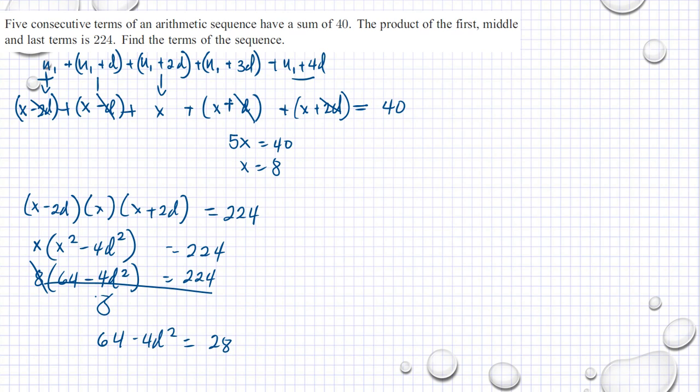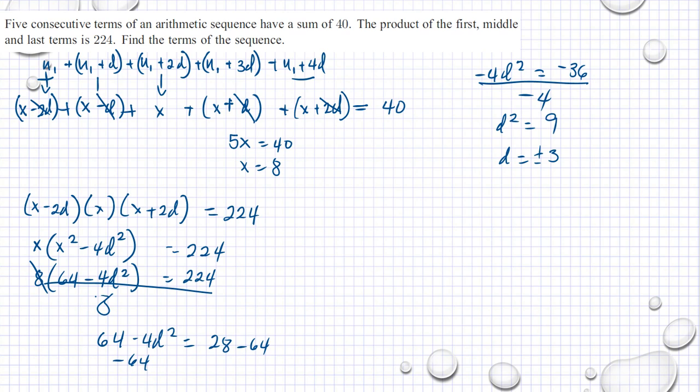If I subtract 64 from both sides, then we have negative 4d squared is equal to 28 minus 64, which is negative 36. And then if we divide both sides by negative 4, we have d squared is equal to 9. So our d is equal to positive or negative 3.